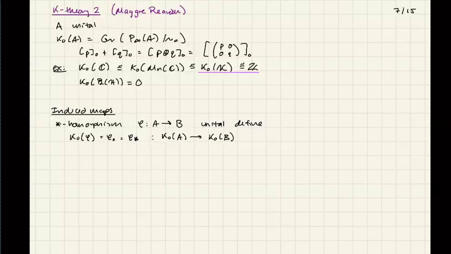The way that we define this is we take a K0 class and map it to phi of that projection, or one of the projections in our class, and we look at the K0 class of that in B. This makes a lot of sense if we are considering a projection in A.